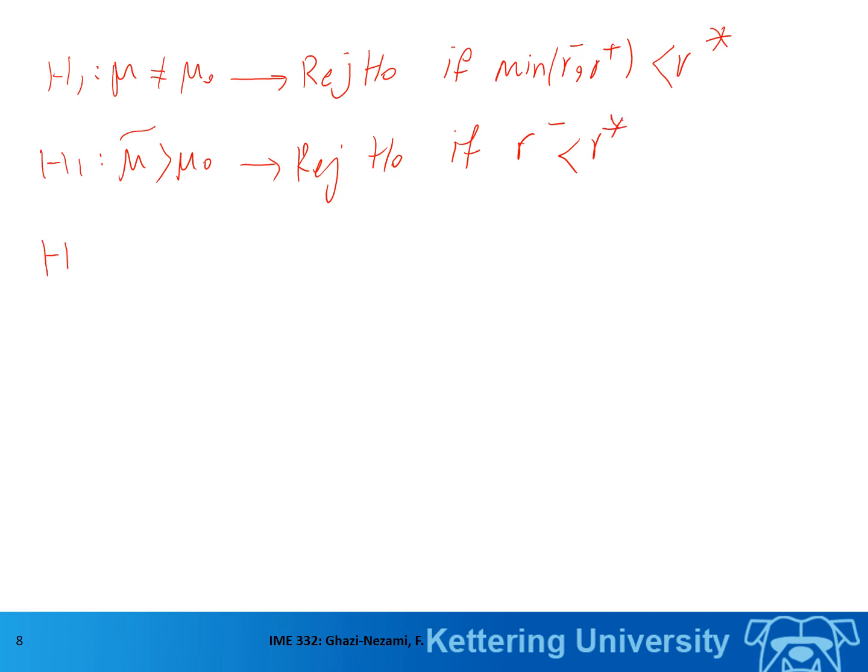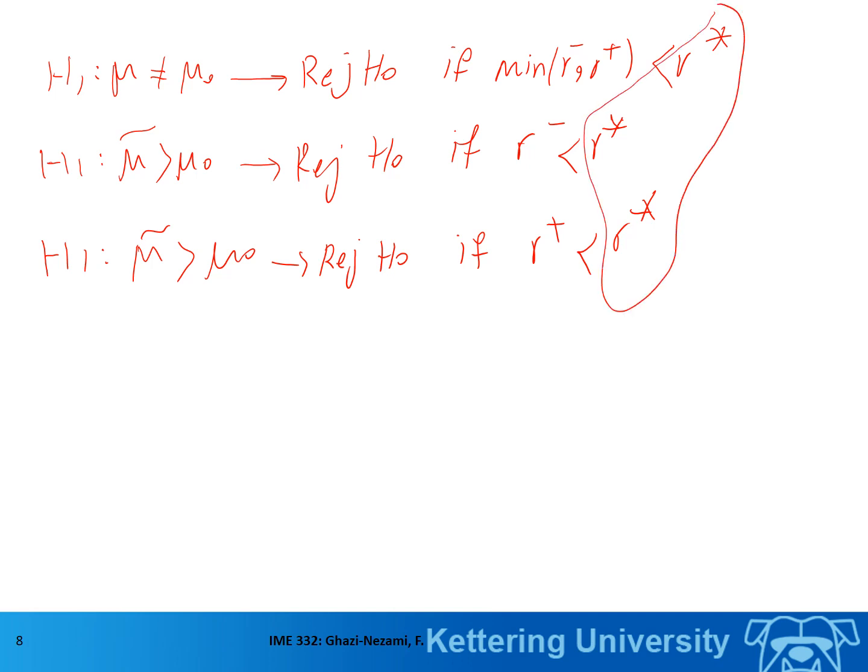And if I have a lower-sided test looking like this, I will reject my H null if R plus is less than the threshold. This threshold, depending on the type of test, comes from the sign test table that you have in the appendix of your textbook, or you can find it in the table folder on Blackboard.